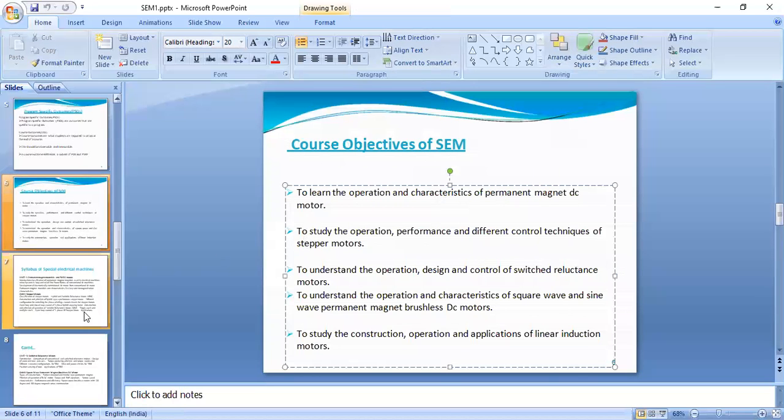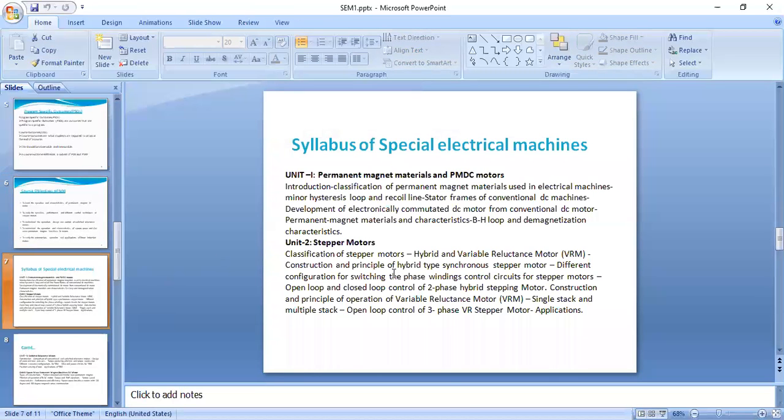Next one is unit 2. Unit 2 is the stepper motors. Here in this unit, the stepper motors are divided into two parts: variable reluctance stepper motors and hybrid stepper motors. For each part, you are going to learn about the construction and principle of the stepper motors, and different configurations for switching the phase winding controls.